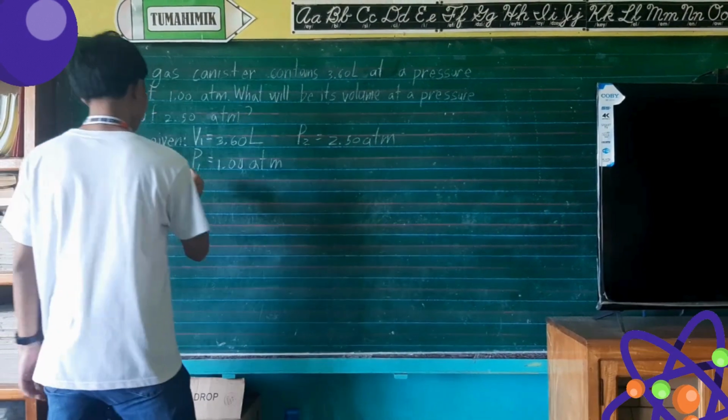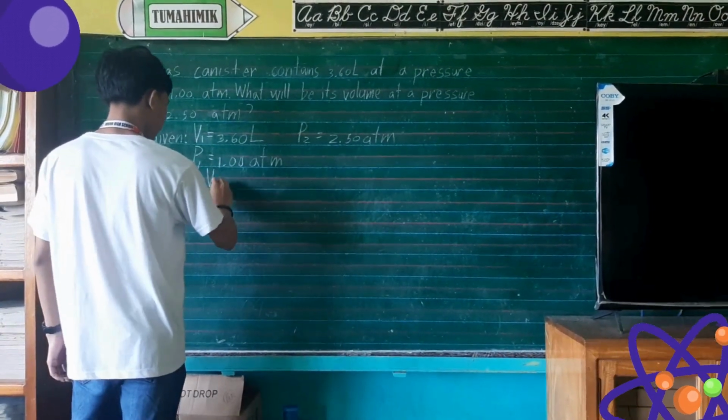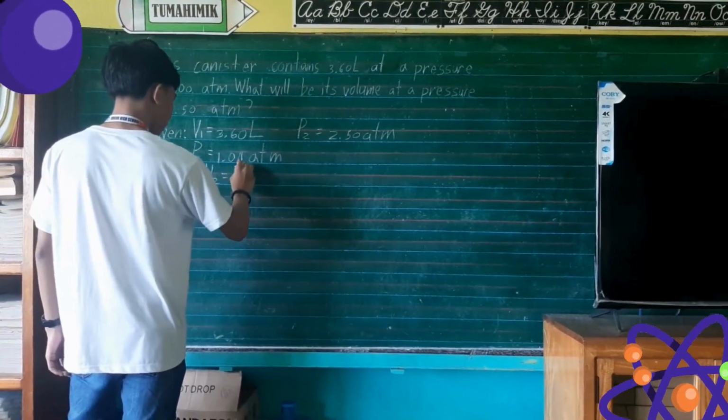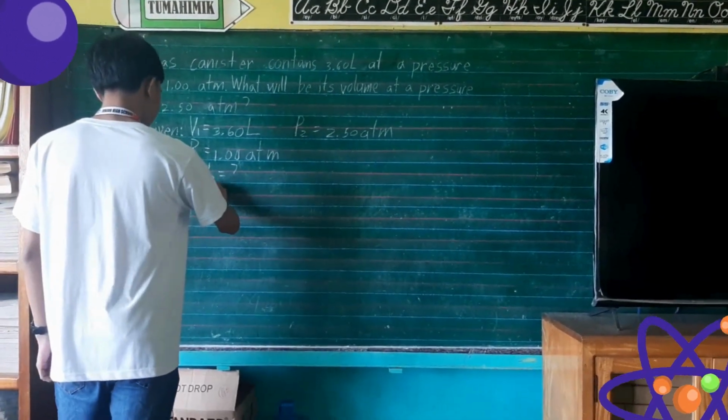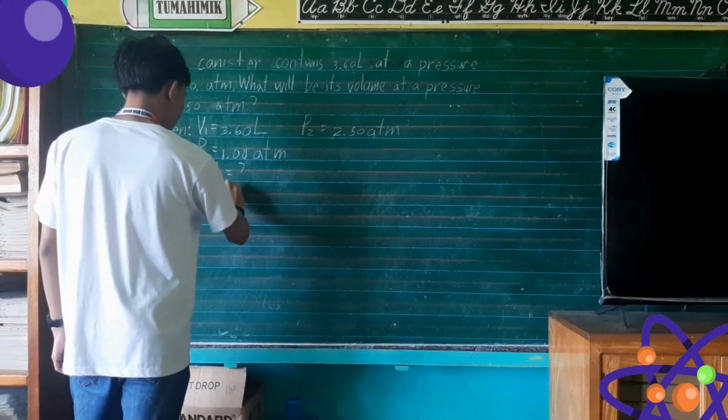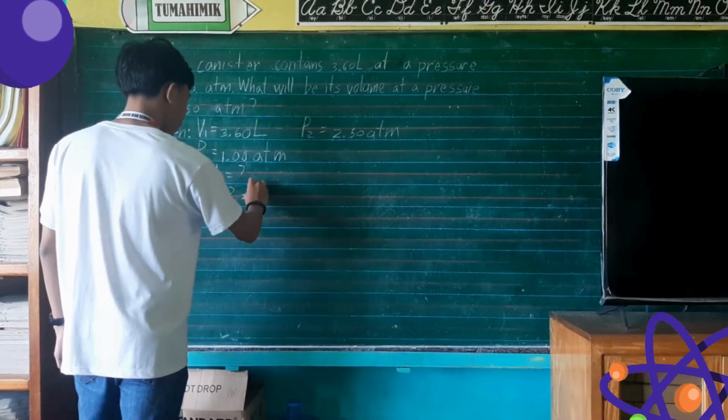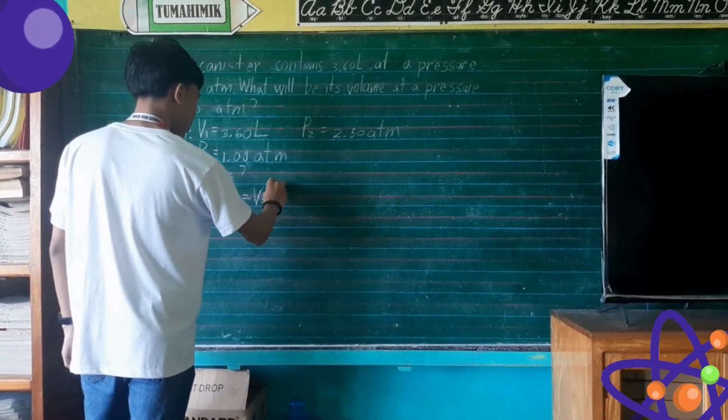The unknown here is the final volume, V sub 2. The solution we will be using is V sub 1 times P sub 1 is equal to V sub 2 times P sub 2.